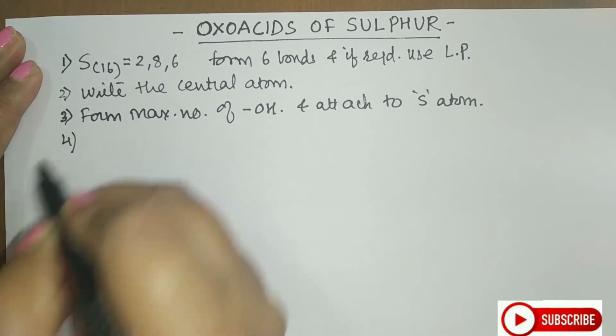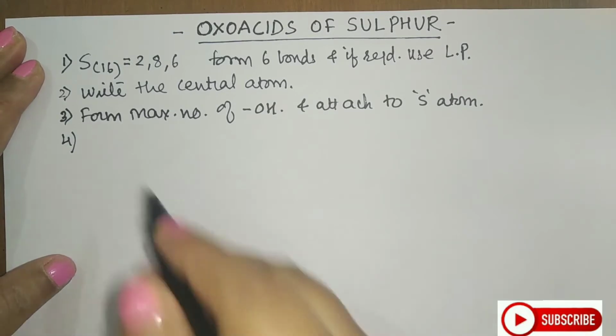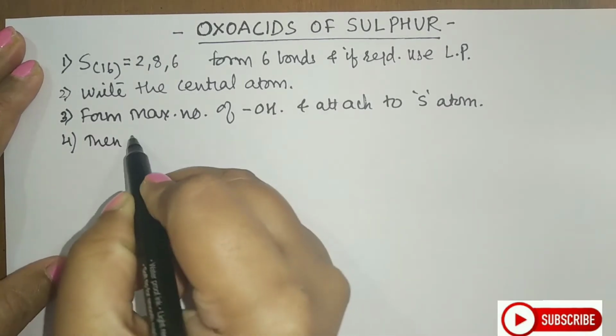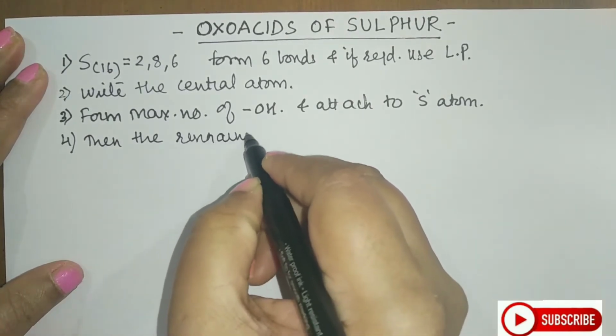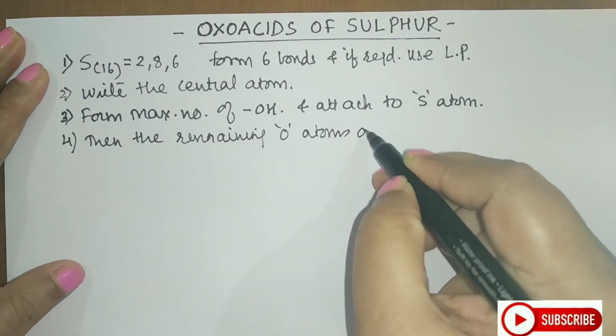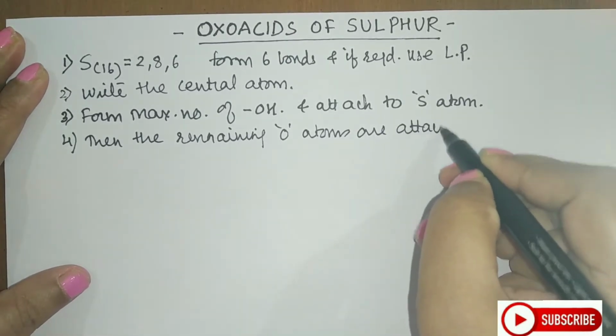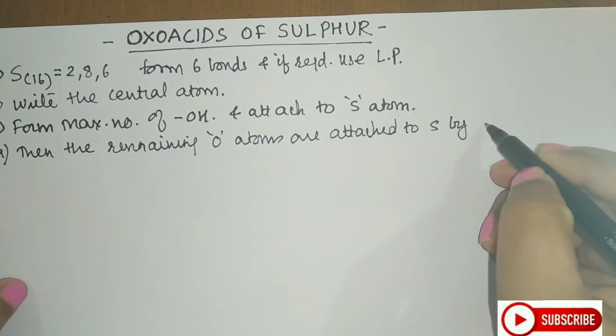Next, the fourth rule is after forming the maximum number of OH, if any oxygen atoms are remaining, then the remaining oxygen atoms are attached to sulfur by double bonds.